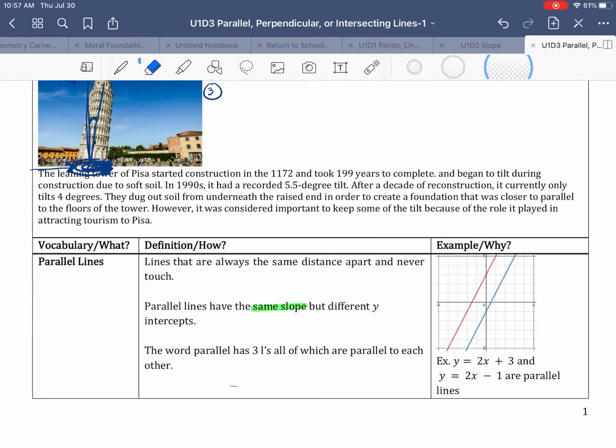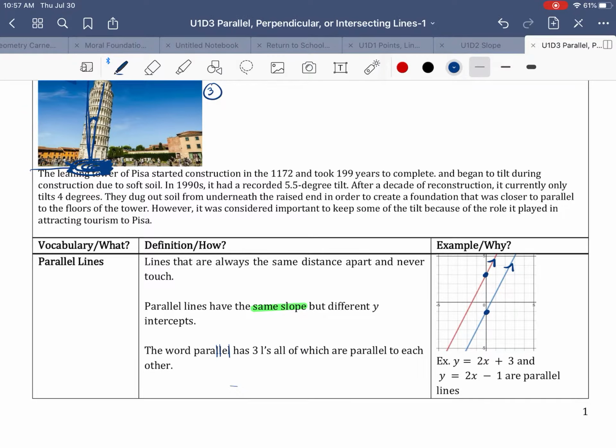I'm just going to clear this. It's a little bit easier to see. Our y-intercept right here and our y-intercept right here. We know they have the same slope, but their y-intercepts are different. If you think about the word parallel, you have these 3 L's, and all those L's are parallel to each other, so that's kind of a way that I remember.